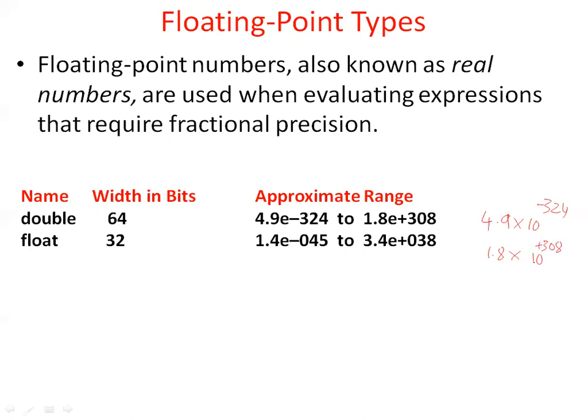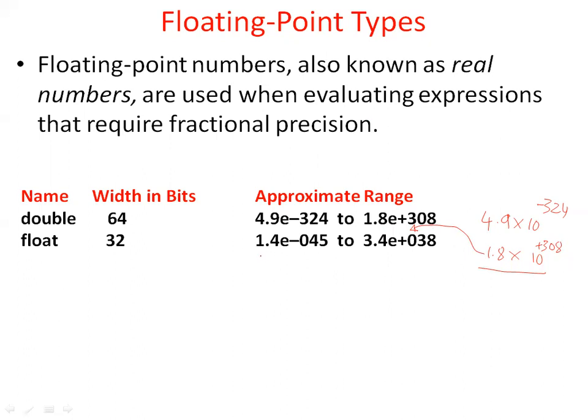That means 1 followed by 308 zeros, that much big a number we can store here. This is represented using scientific notation, and it can be written in this way.